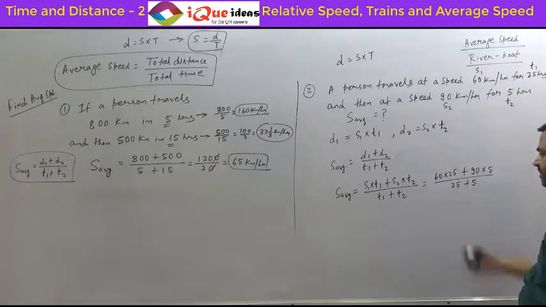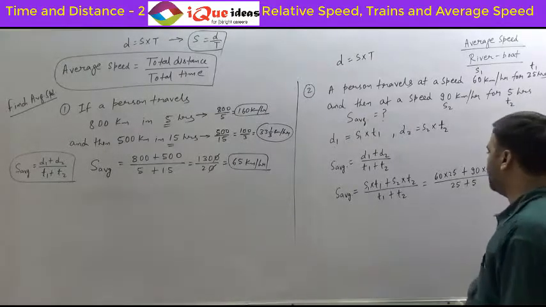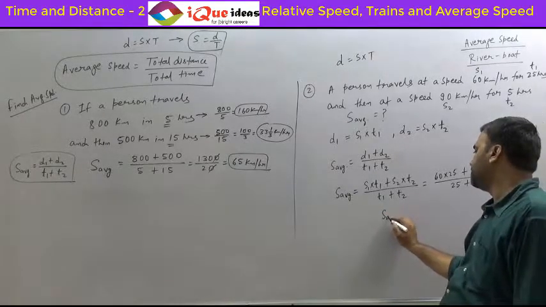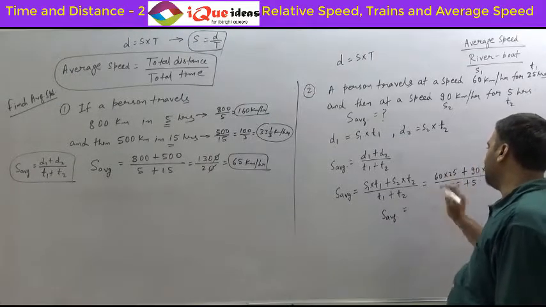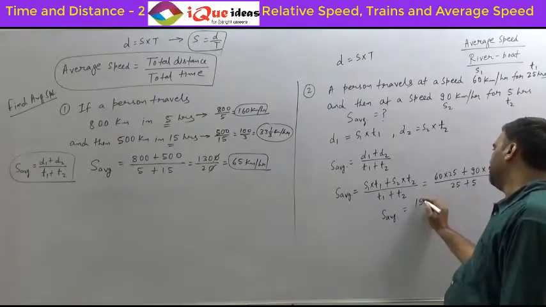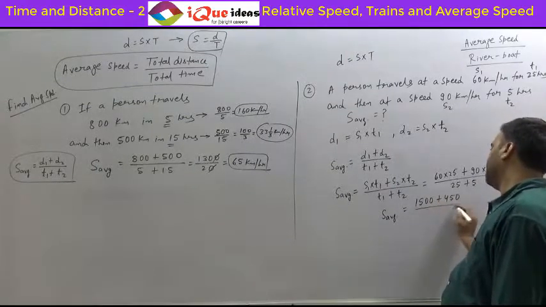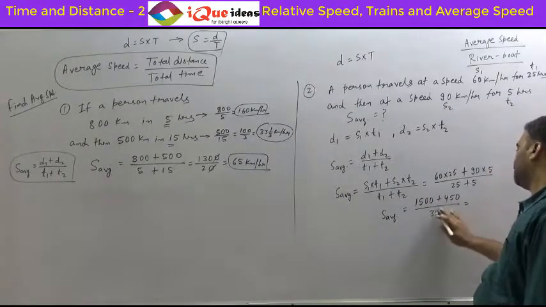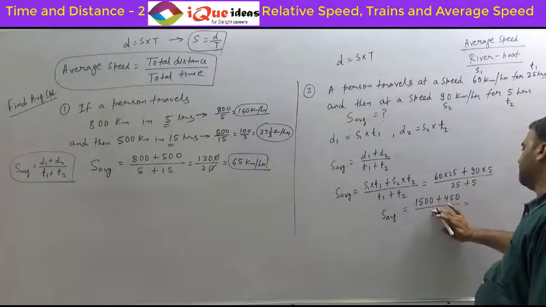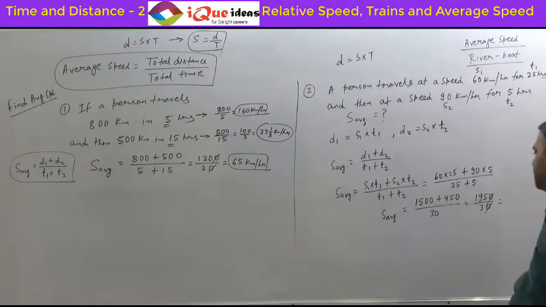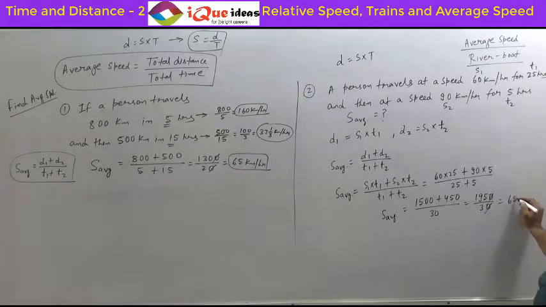Okay, simplify this. So if you solve this, 60 into 25 will be 1500 plus 90 into 5, that is 450, divided by 30. So it is 1950 by 30. So cancel it, 3 will cancel, 65 kilometers per hour.